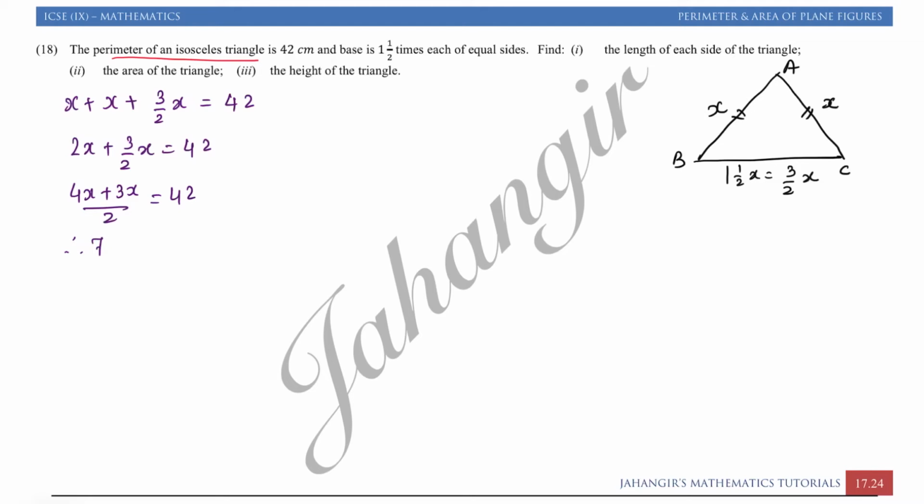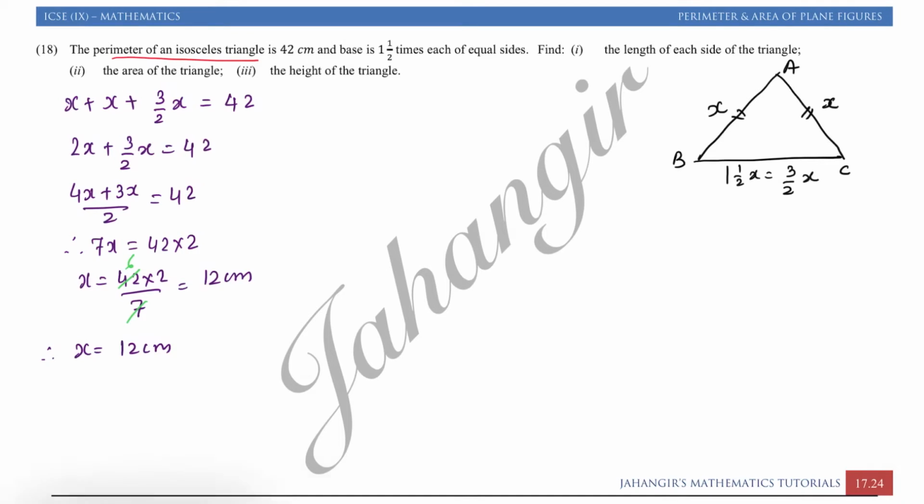So therefore 7x is equal to 42 into 2. X is equal to 42 into 2 upon 7. 7 ones are 7, 6 twos are 12. 12 centimeters. So once you get x, you can easily find the sides. So therefore x is equal to 12 centimeter, which is the length of the equal side.